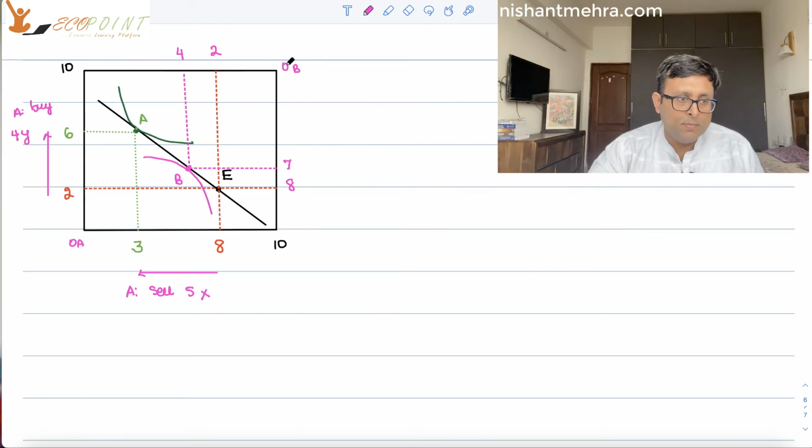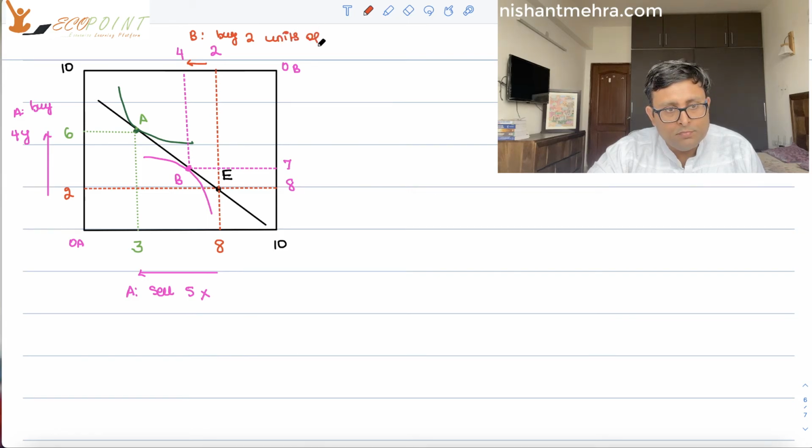What does individual B want to do? Just think about it. Individual B wants to move from this point to this point. So individual B wants to buy 2 units of X and wants to sell 1 unit of Y. That's what it is.